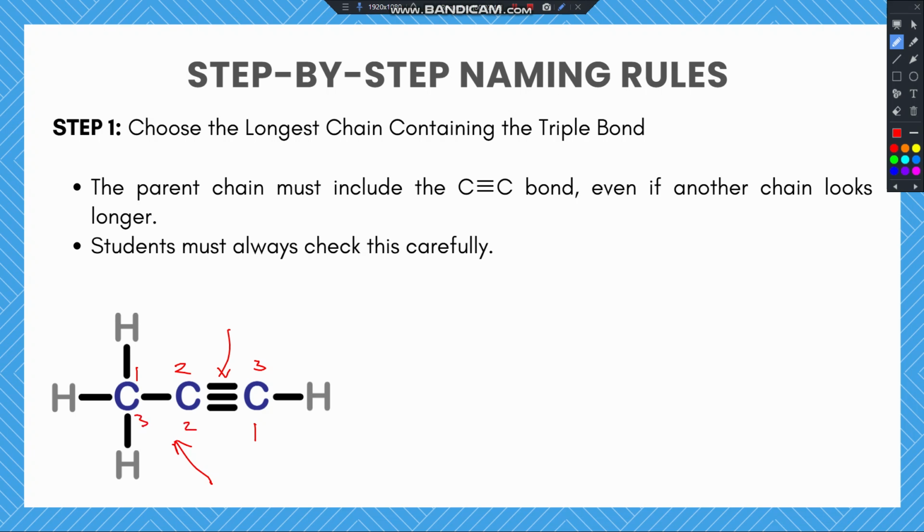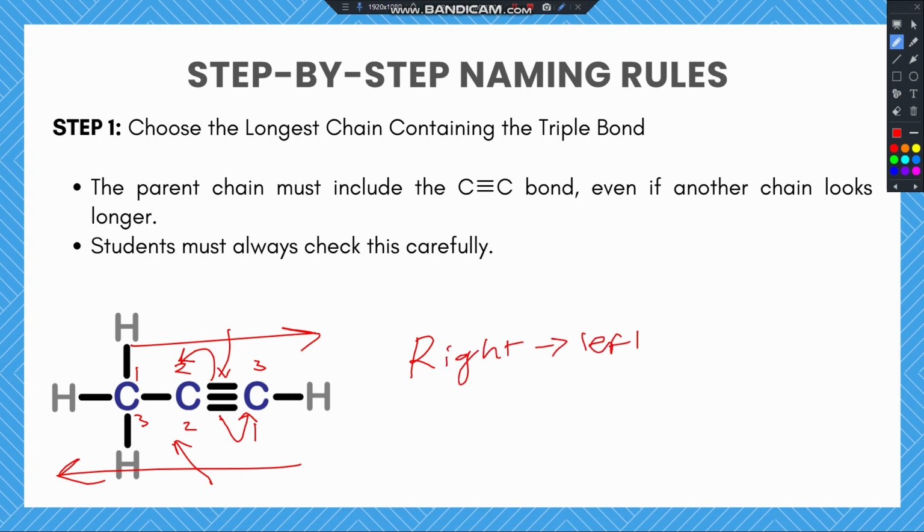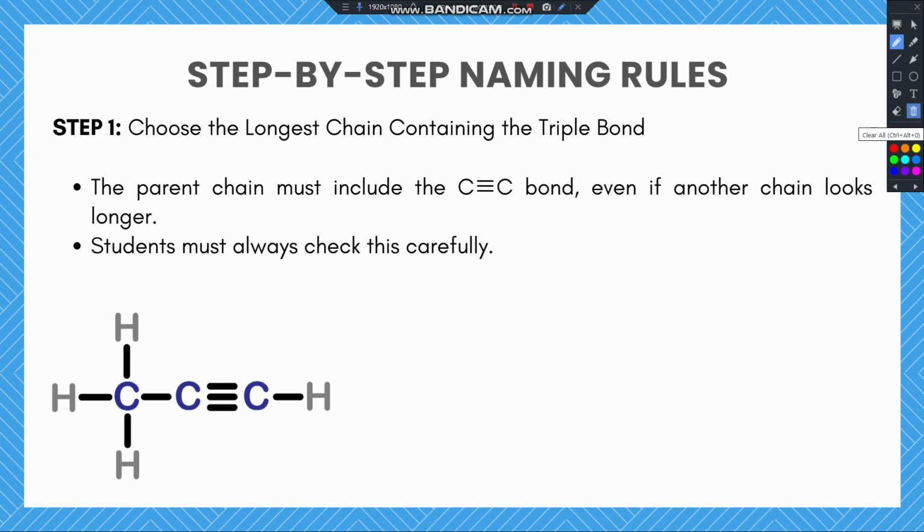Now, counting from the left to the right gives this double bond to carbon number 2. Counting from the right to the left gives this triple bond, not a double bond, triple bond to carbon number 1. So our right counting procedure would be from the right to the left this time. Did you see how that was carried out?